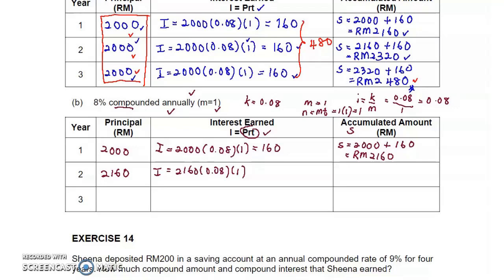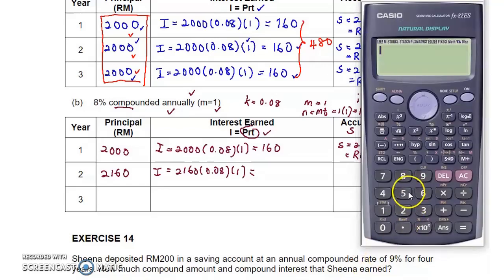I just want to show you the different amount of principal in the calculation of simple interest and compound interest. So here, how much interest will you get in the second year? 2160 multiplied by 0.08 times 1 gives 172 ringgit 80 cents.